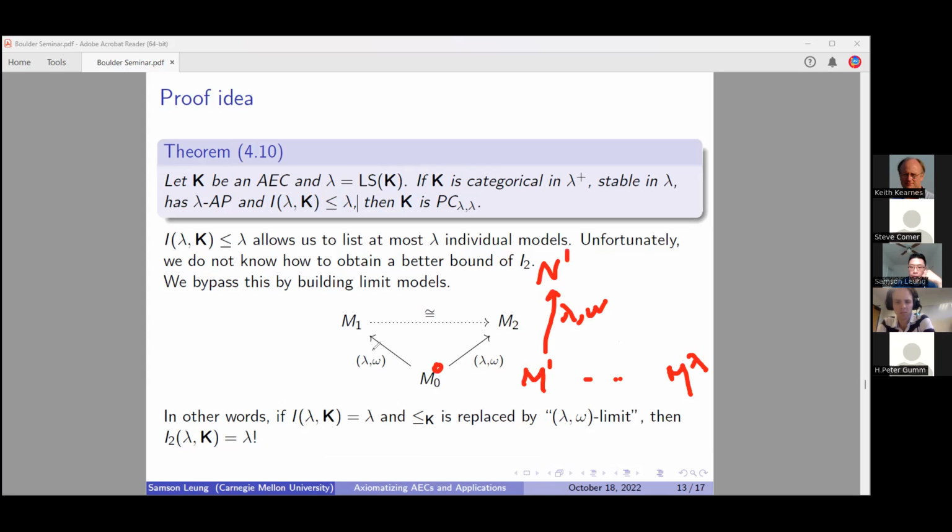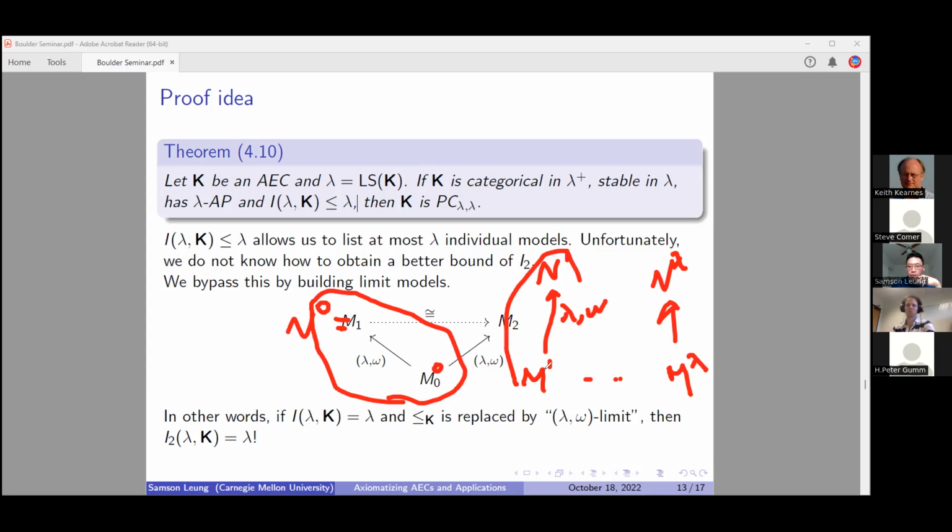So this is N0, this is N1, and so on. Now you ask yourself, how many pairs up to isomorphism exist in I2? Well, lambda many, because this is one pair, this is one pair, and so on. You have lambda in total. So here I really need to use the assumption that I lambda k is bounded above by lambda.